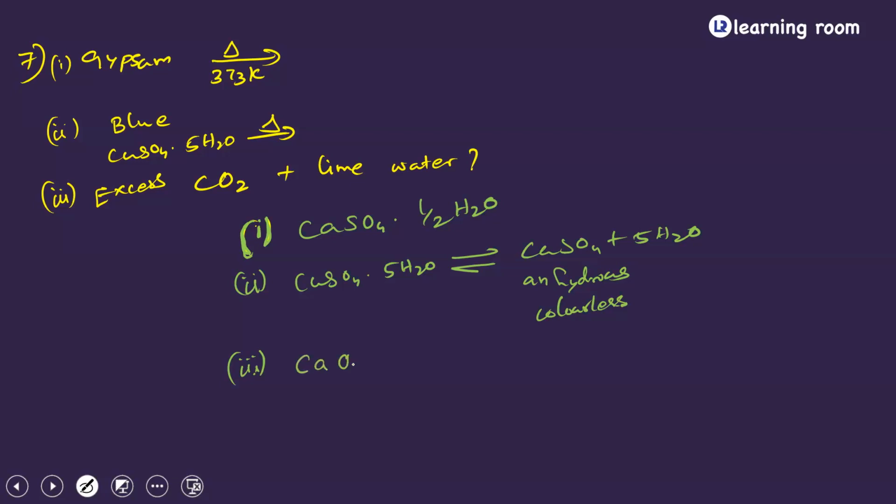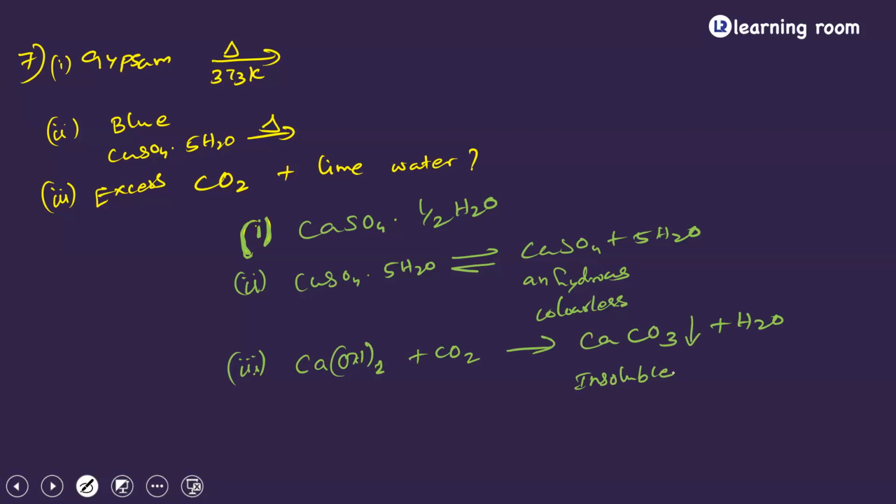When calcium hydroxide is treated with carbon dioxide, it will form CaCO3 plus H2O. There is no doubt about it. But it is insoluble, a milky substance. But what they have given in this question is that excess carbon dioxide gas is passed through the lime water.